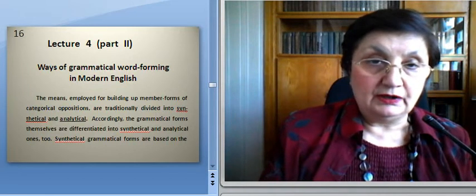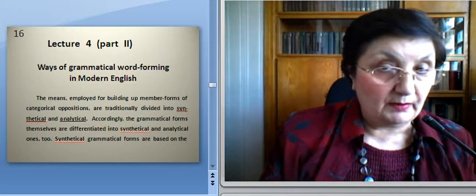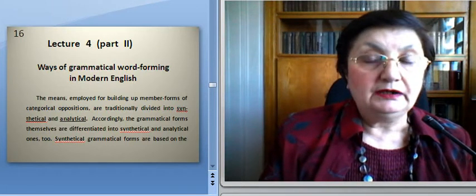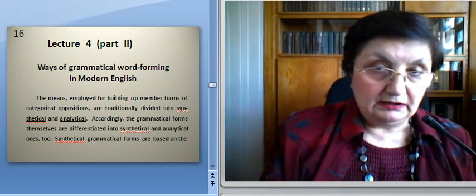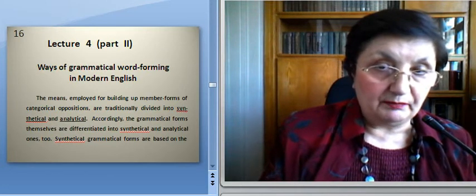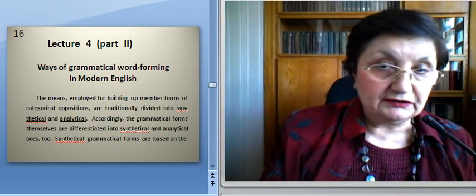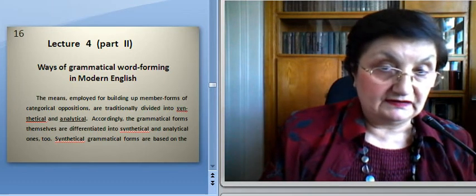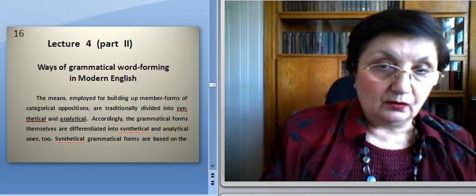The means employed for building up member forms of categorical oppositions are traditionally divided into synthetical and analytical. Accordingly, the grammatical forms themselves are differentiated into synthetical and analytical ones too.